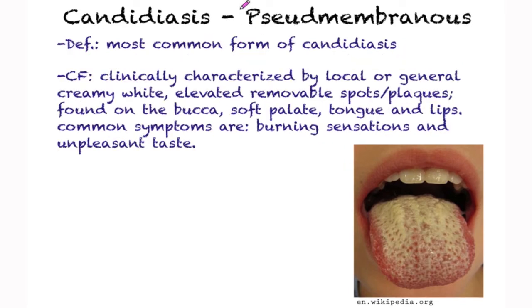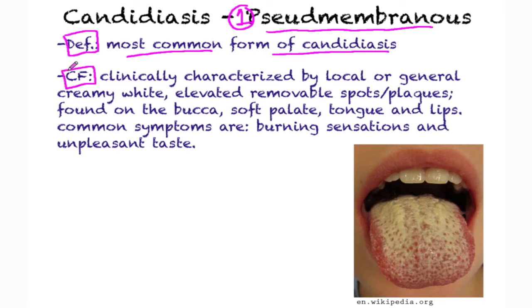So the first subtype of candidiasis, which is a primary infection, is the pseudomembranous. The definition for this is the most common form of candidiasis. Its clinical features are as follows.